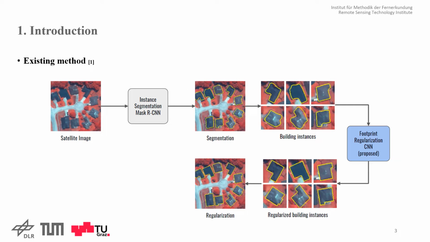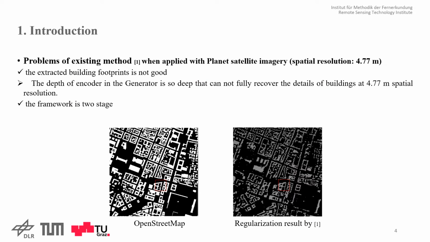Recently, a deep learning-based methodology has been proposed to deal with this issue. They perform the building segmentation as the first step and then apply the building regularization as the second step. However, when we apply this method on the Planet satellite imagery, the results are not so good.